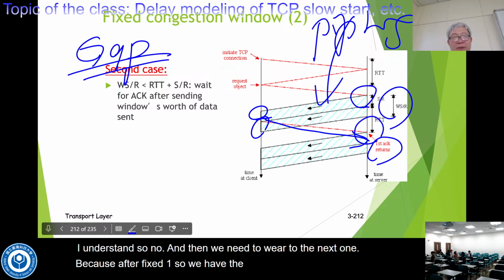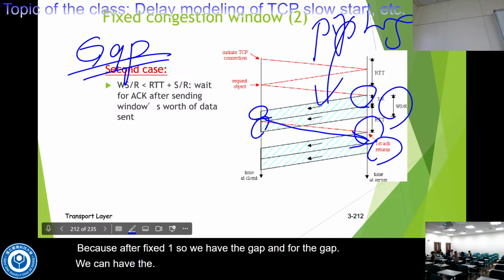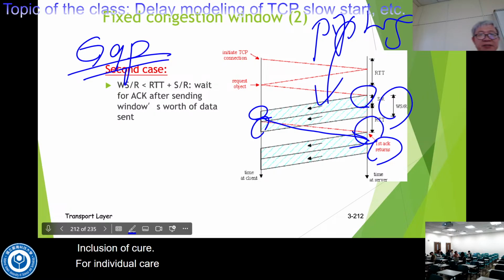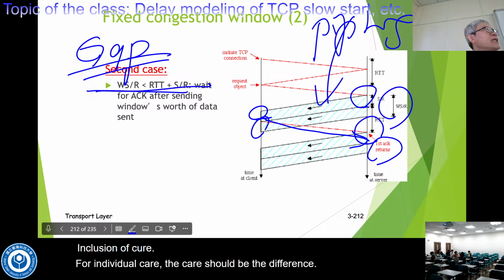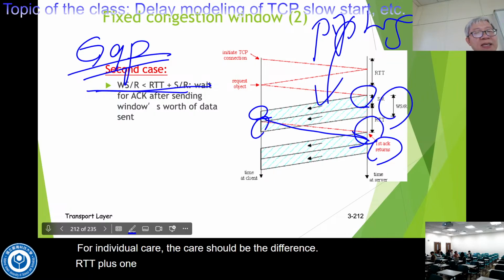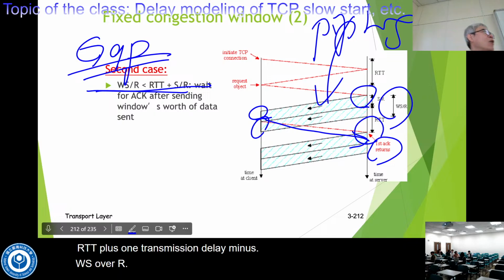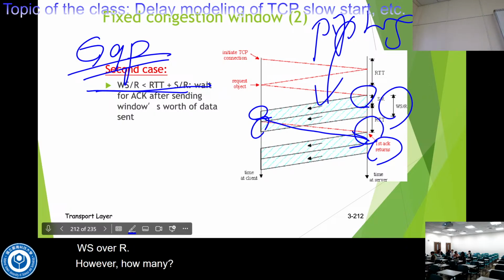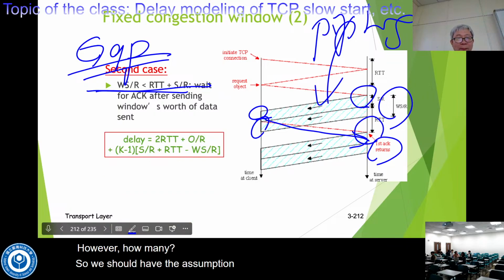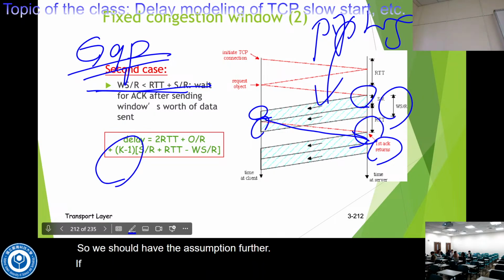For an individual gap, the gap should be the difference: RTT plus 1 transmission delay minus WS over R. However, how many gaps? We should have a further assumption.